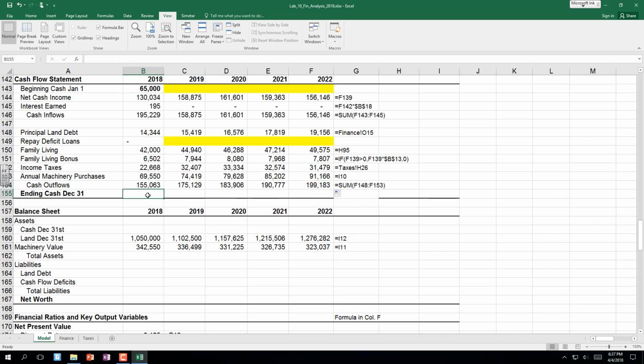Then we have ending cash, and that's equal to our cash inflows minus the ending cash. And that's B154. And you drag that across.